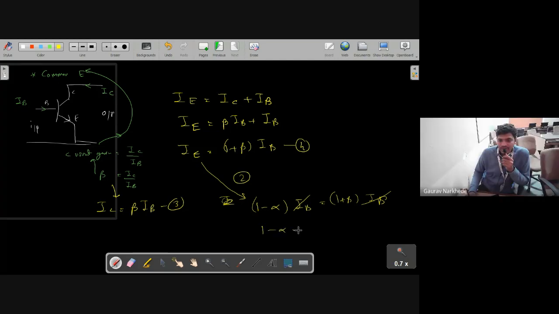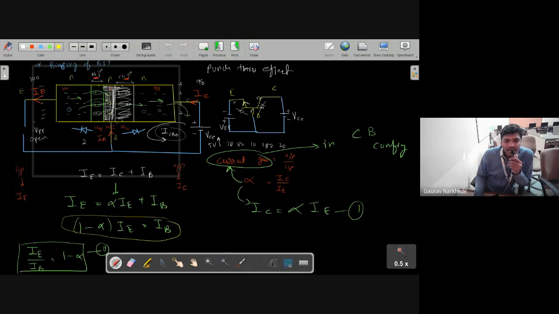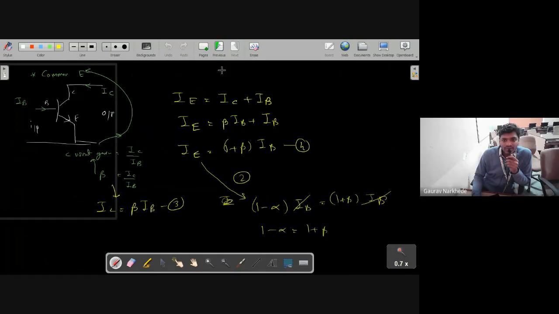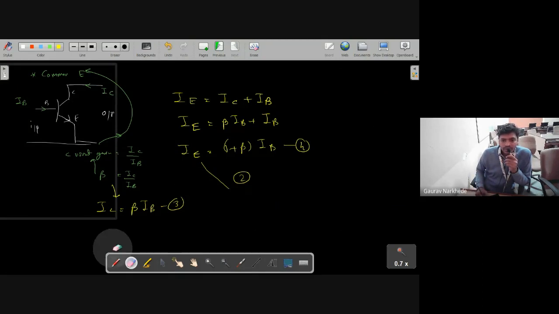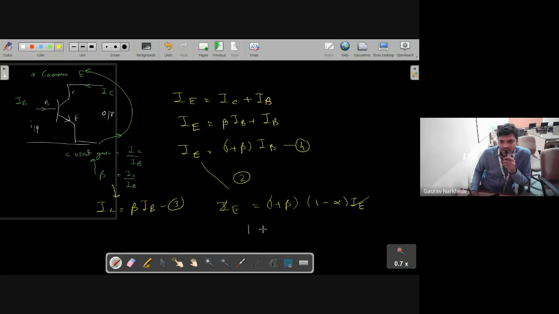So IE is equal to 1 plus beta times IB, and what is IB? 1 minus alpha times IE. IE cancel. So 1 is equal to 1 plus beta times 1 minus alpha, right?